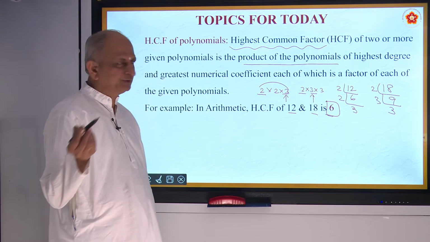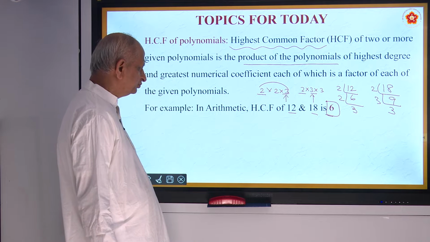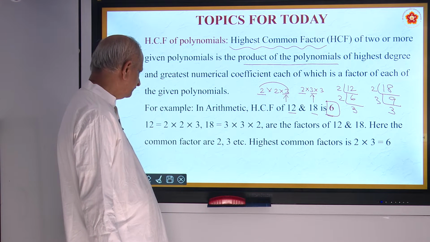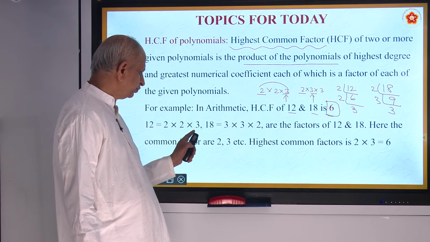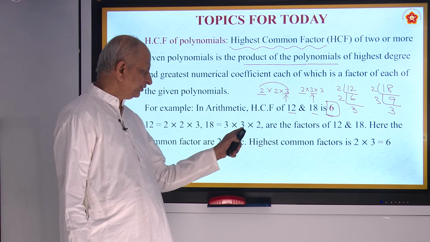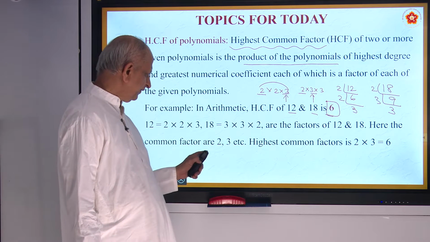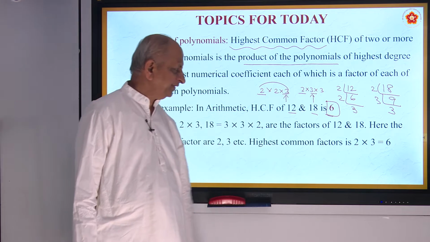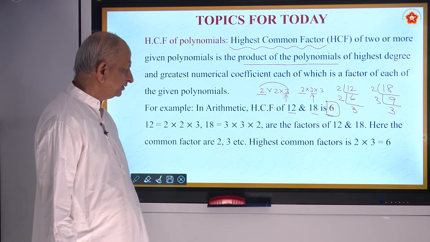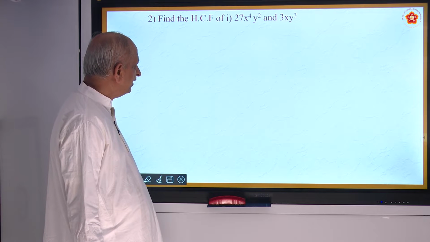The same rule applies to algebra also, to polynomials also. What is that rule? See, this is the same thing I have written. 12 is 2 into 2 into 3, 18 is 3 into 3 into 2. So, they are the factors. Highest common factors are 2 and 3, and the product of that is 6. Okay. And so also you have in algebra.